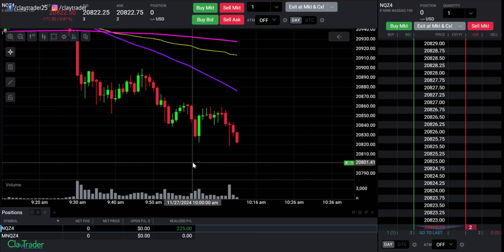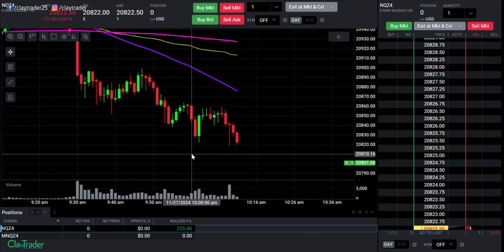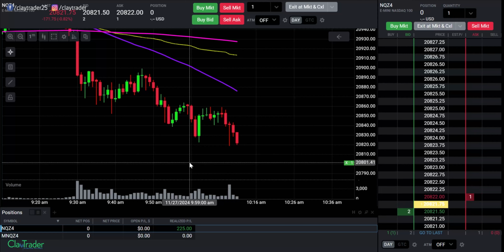I'm gonna go take my order down to that area right there. Let's see if we can get it to ideally move down there relatively quickly.